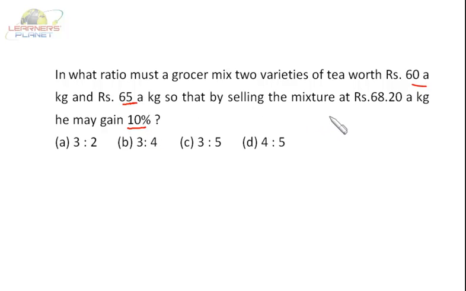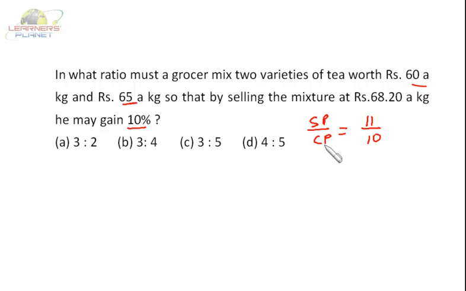So let's find out the cost price of this mixture. So what is SP by CP? Here it is 10% profit. So SP by CP is 11 by 10, that you might have learned in the profit and loss session. And if we are not clear about this concept, then do attend the profit and loss session once again. Now selling price is 68.2, so we can find out the mean cost price.